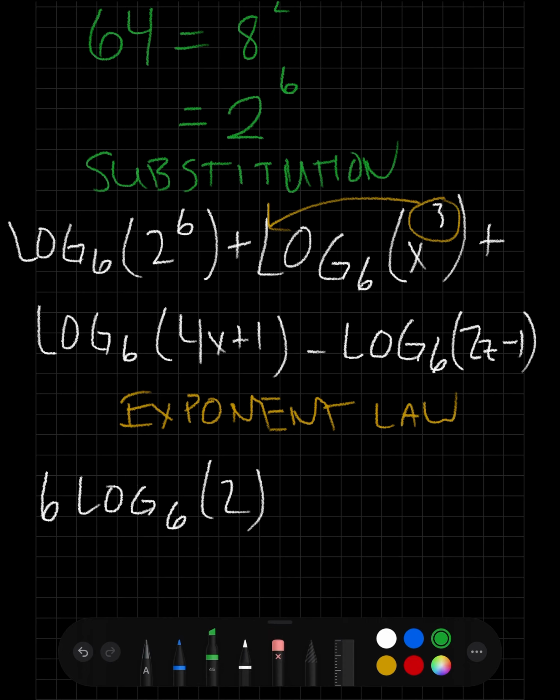I don't know if any of you were trying to do that cancellation as well, but the reason we can't do it is that the 6 and the 2 don't match. That's okay. 6 log base 6 of 2 is pretty good. That's a pretty good expansion.